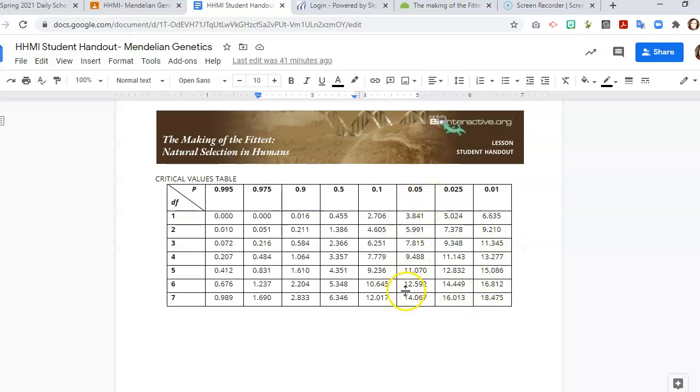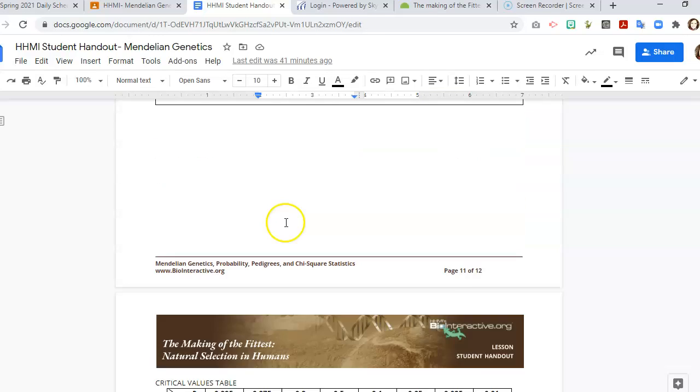Remember, if your number is over here to the right, anything less than 5%, that means it is significant, which just means that it's not by chance. Something else is acting upon that population. So if it's in here, you reject the hypothesis. If it's over here to the left, you accept.